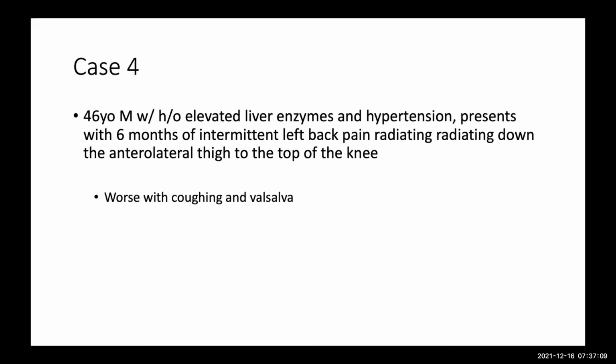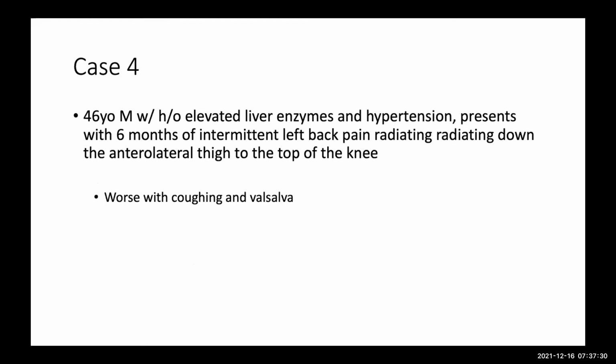So Victor, here we go. We have a 46-year-old male with a history of elevated liver enzymes, hypertension. He presents with 6 months of intermittent left back pain, radiating down the anterolateral thigh to the top of the knee. Stops at the knee.